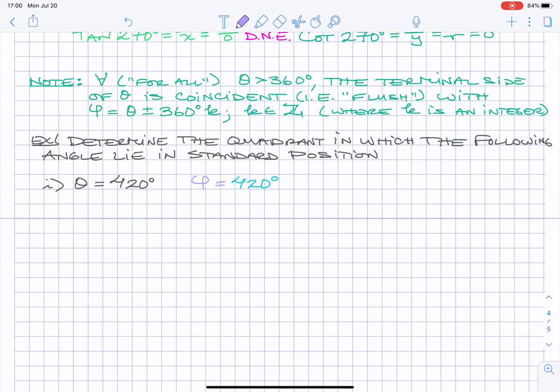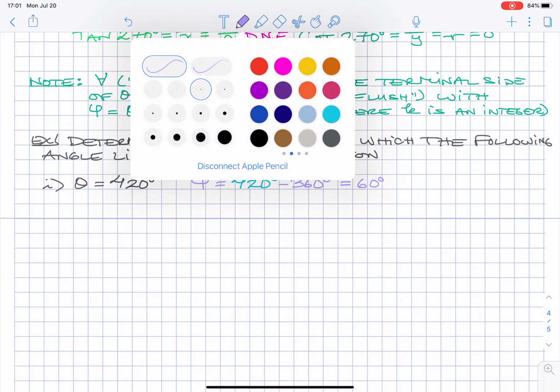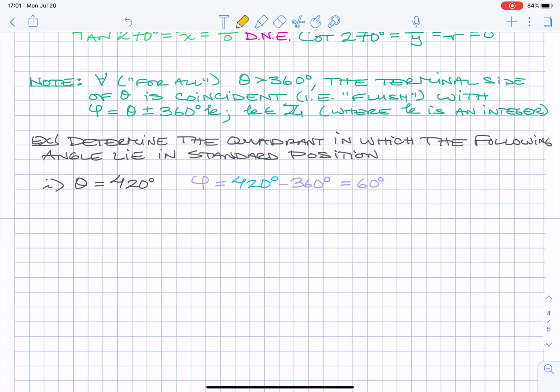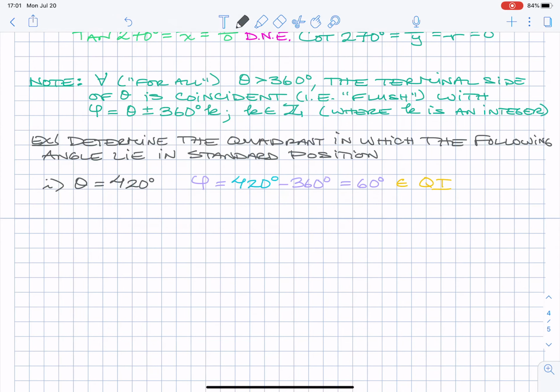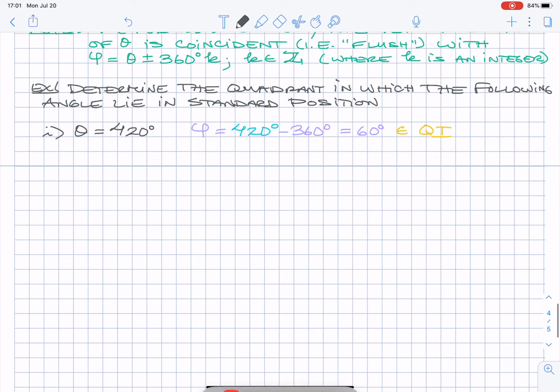So let's subtract 360. So what's the difference between 420 and 360? Well, it looks like 60 degrees. So where is 60 degrees? That's in quadrant 1. So that's an element of quadrant 1.